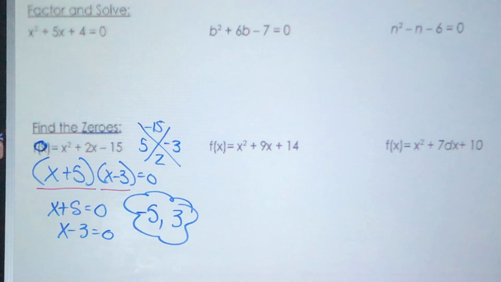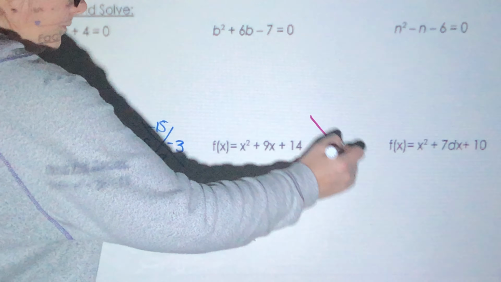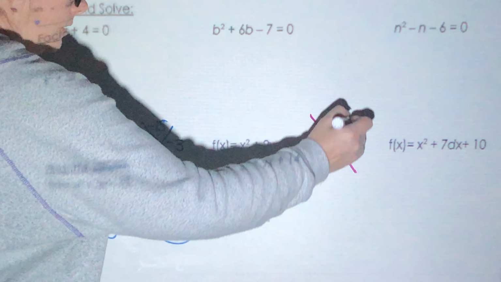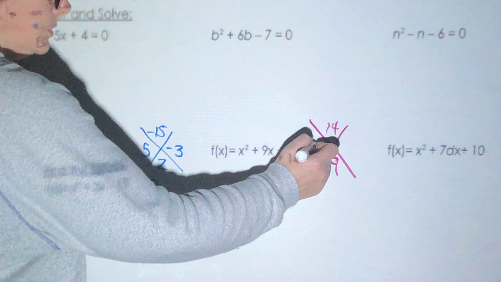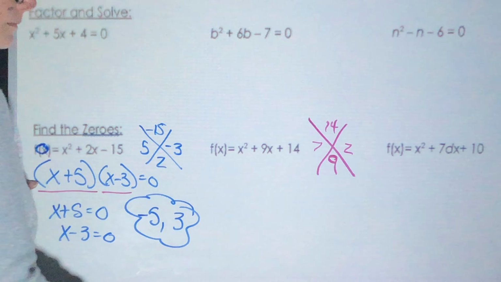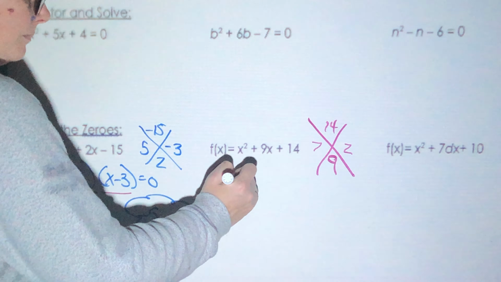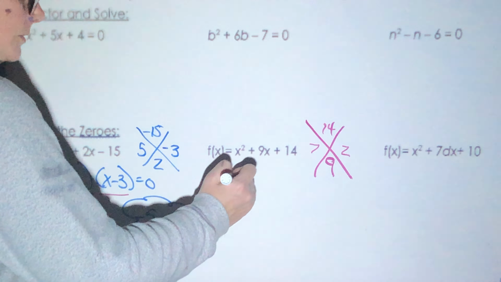For the next one, I'm looking for two numbers that multiply to give me 14 and add to give me 9. So 7 and 2 work. So my parentheses would be x plus 7 and x plus 2. I'm going to make that equal 0.